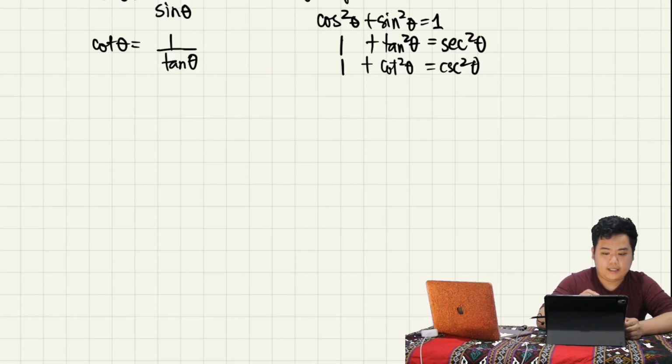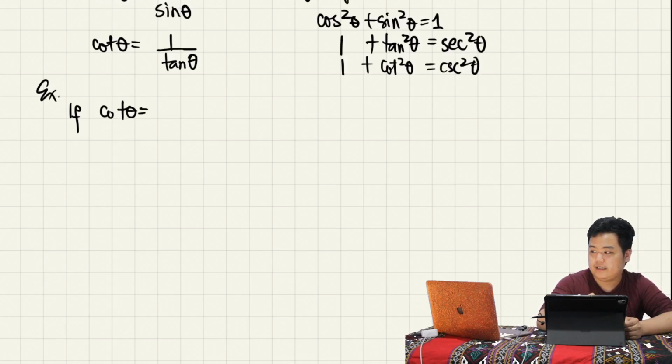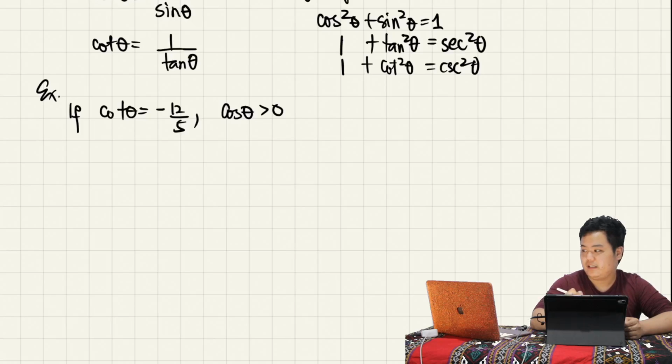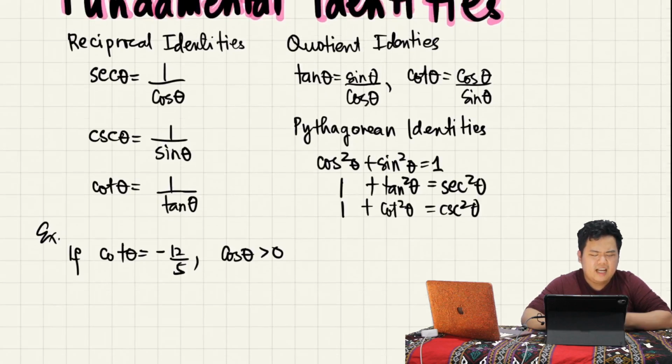Okay, let's say if this is an example. Cotangent theta is negative 12 over 5 and cosine theta is positive. Find the 5 circular function values of theta using the fundamental identities. Actually, pwede nyo ito i-solve using sa trigonometric functions.